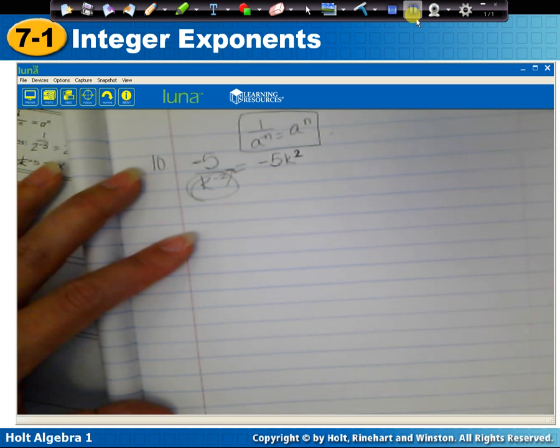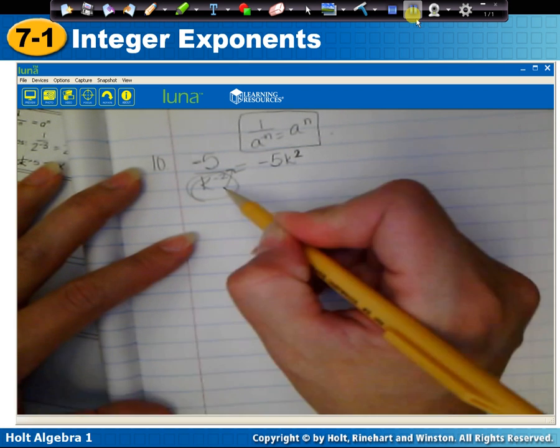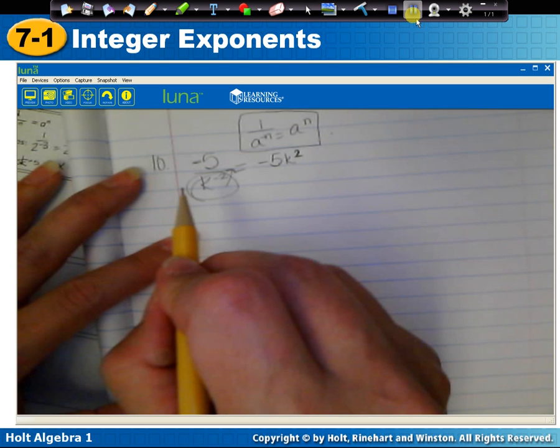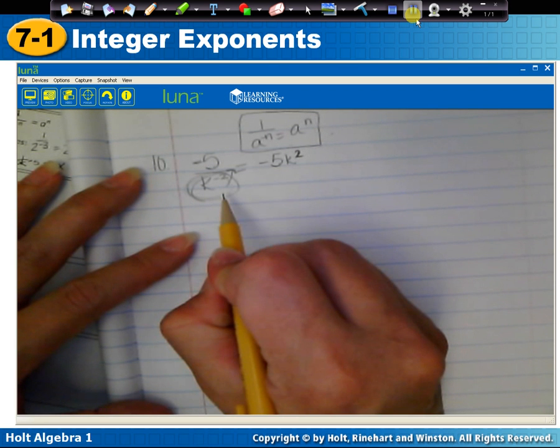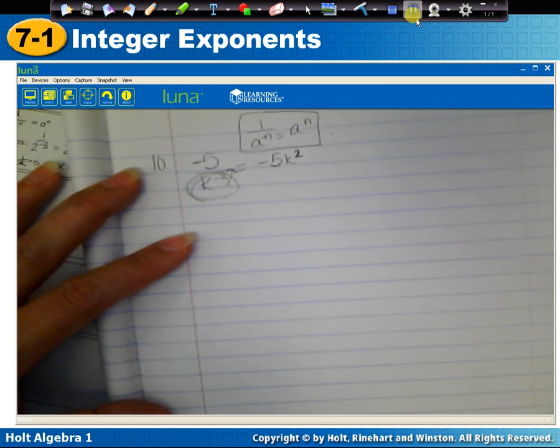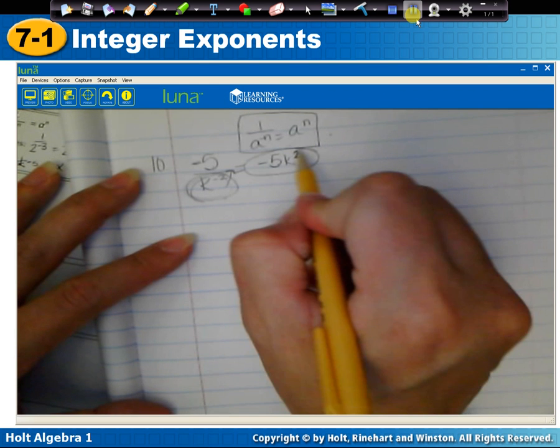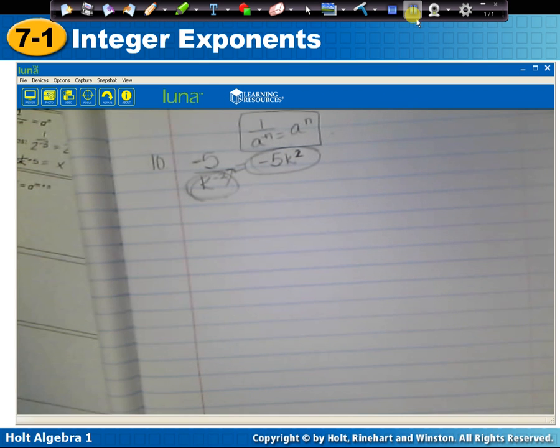Don't get confused there and think that you're supposed to flip the fraction. You only bring whatever has the negative exponent to the other side of the fraction. So our final answer there is simply -5k squared. Make sure that you have that copied down before you move on.